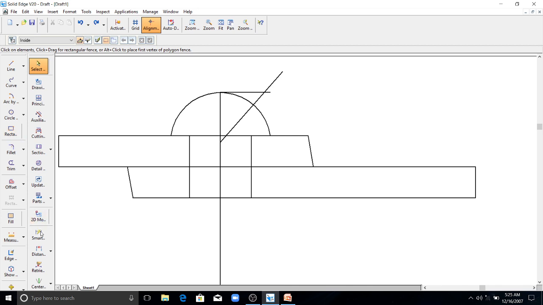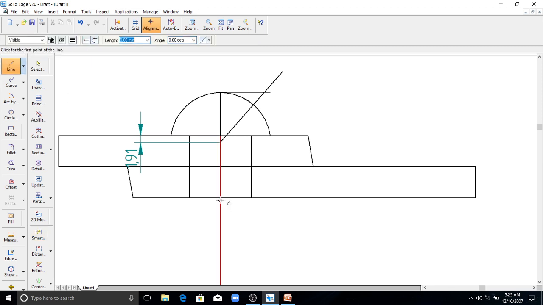So measure this dimension. This dimension is 1.91 mm. So you draw a line here from this portion, 1.91 mm. Yeah, this is your new center now.